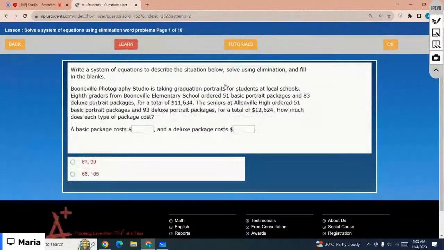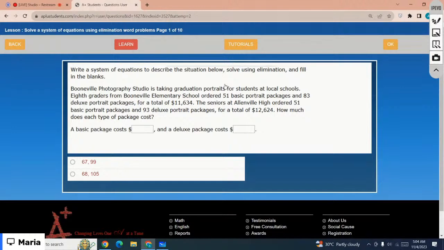Write a system of equations to describe the situation below. Solve using elimination and fill in the blank. So you have to solve the equations using elimination method. Boonville Photography Studio is taking graduation portraits for students at local schools.